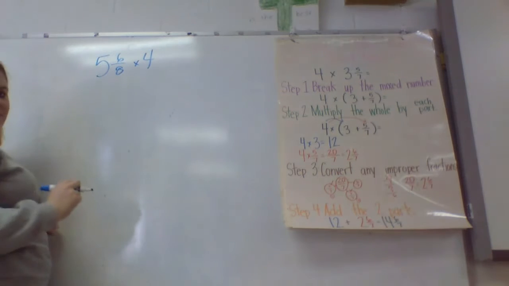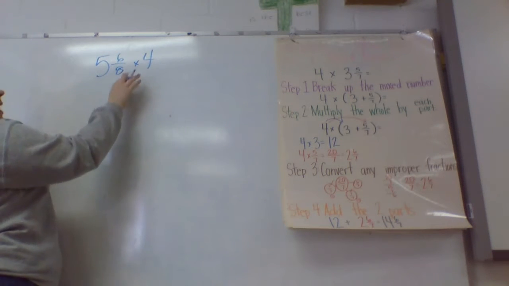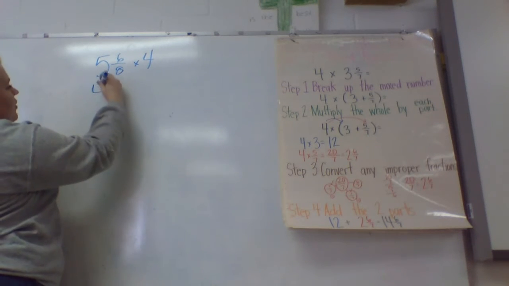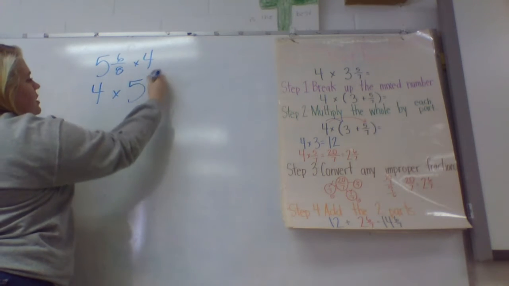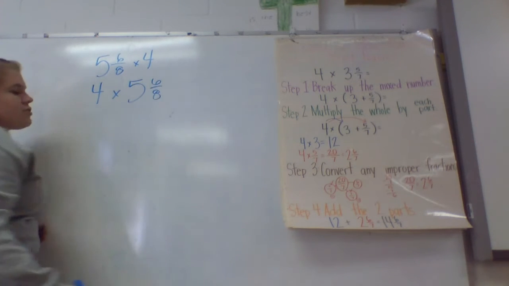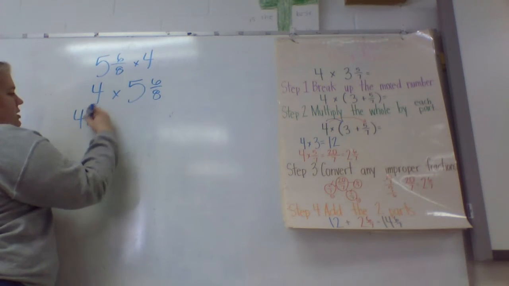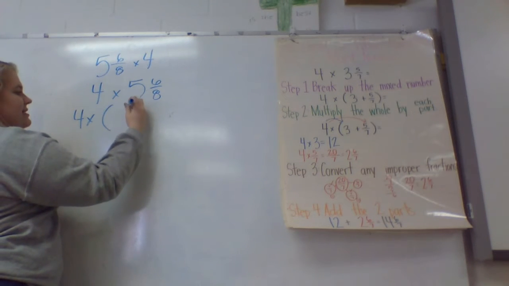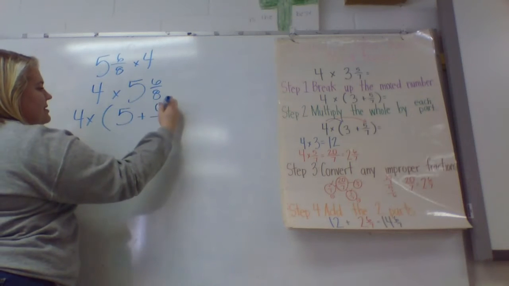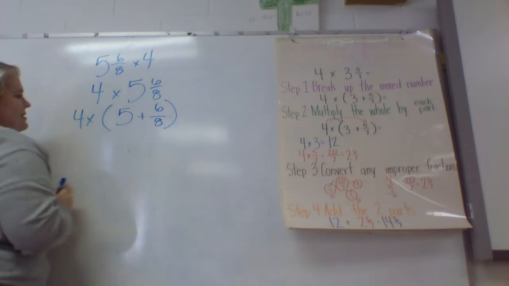If that happens, 5 and 6/8 times 4, we always want our whole number first, so we're just going to rewrite it: 4 times 5 and 6/8. So now we're ready to start. We know we have to break apart our mixed number, so 5 and 6/8 turns into 5 plus 6/8.